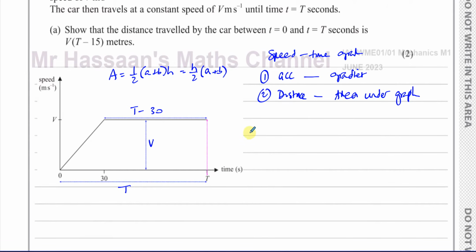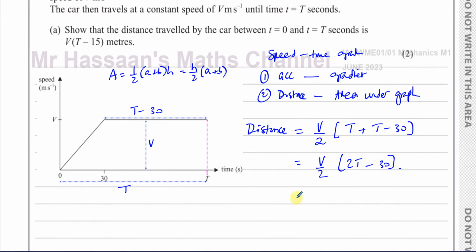So the area, which is going to be the distance we're looking for, is equal to the distance between the parallel sides, which is v, divided by 2 times the sum of the parallel sides, which is t plus t minus 30. That gives us v over 2 times 2t minus 30.